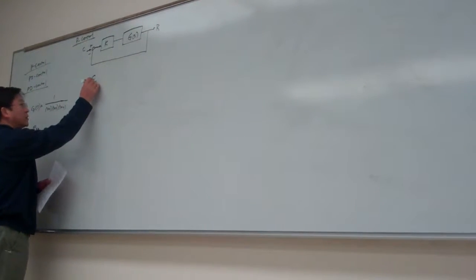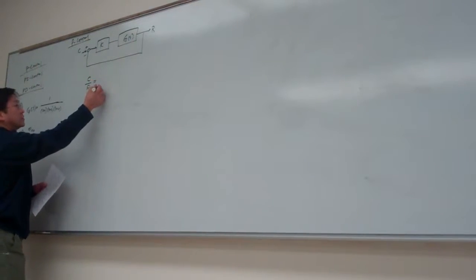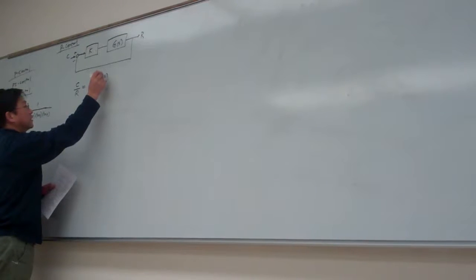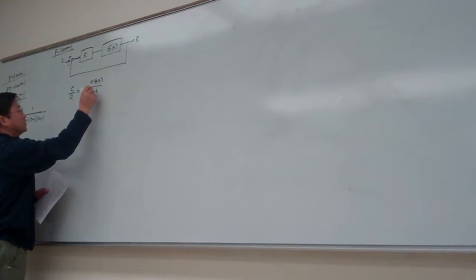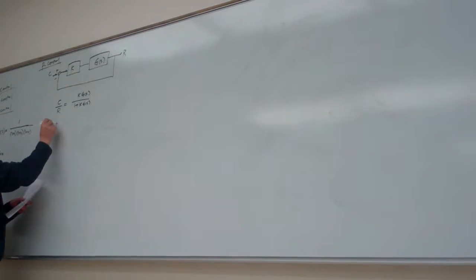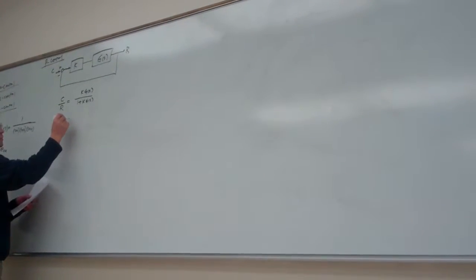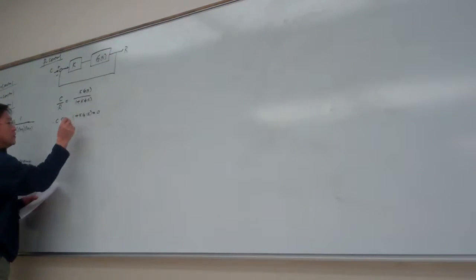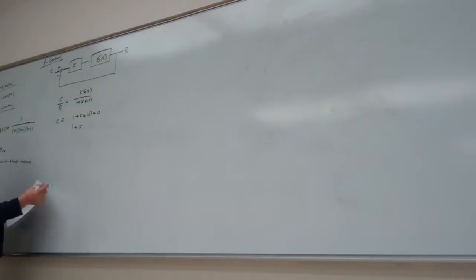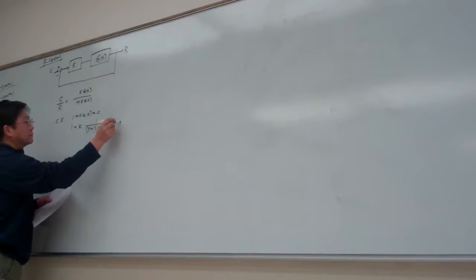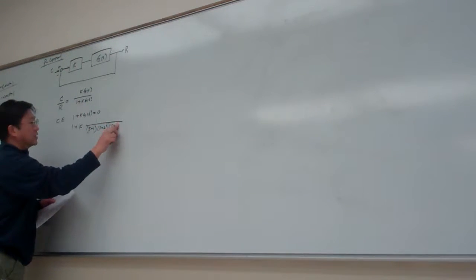So the first one, we get the closed loop transfer function here. That is KG over 1 plus KG. Therefore, the characteristic equation for this is 1 plus KG equal to 0, or let me write it up: 1 plus K over (s plus 1)(s plus 2)(s plus 10).